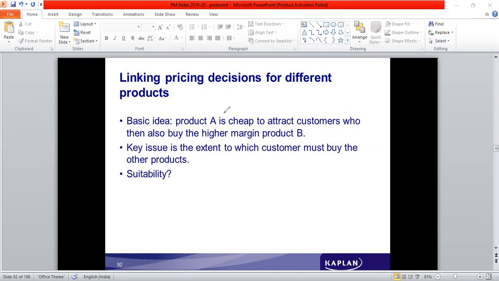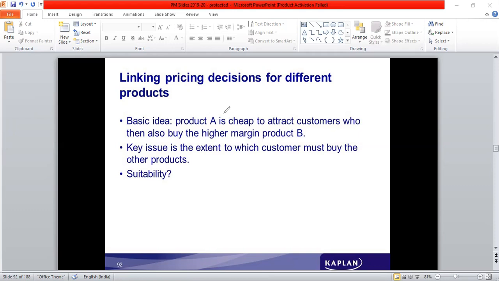Initially they gain the customers' confidence by attracting them with a cheap or low cost product. Then later on they also present their other products. Since you have used this one, you would also like to use the other products in the product line, and other products are offered to the customers.